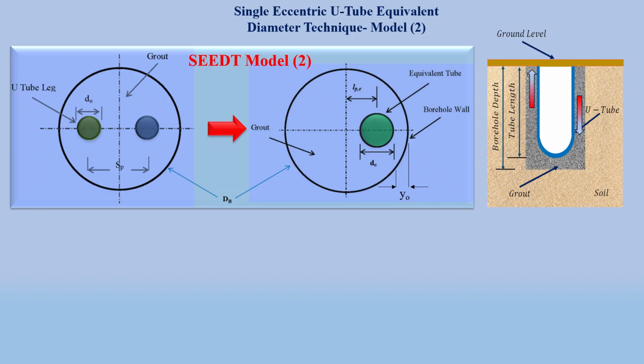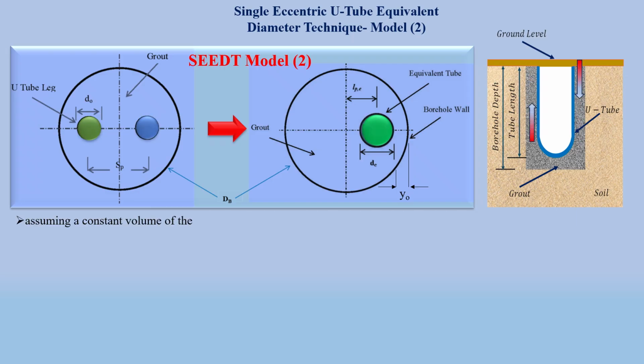Let us assume that we have a single U-tube in a well surrounded by grout, to present a geothermal heat exchanger. We want to get a general form to predict its length. We will transfer this U-tube to a single equivalent tube with a diameter d sub e.